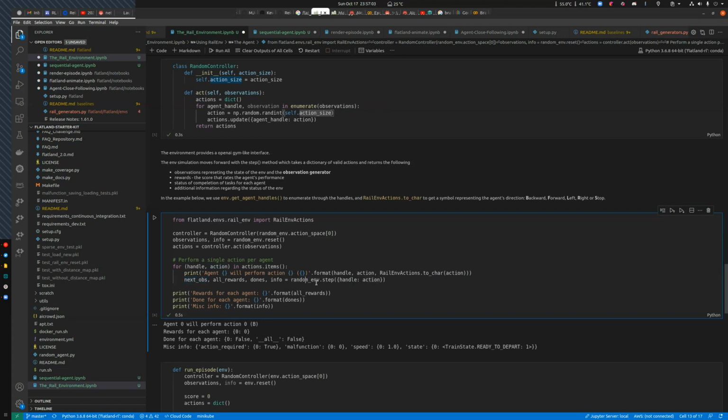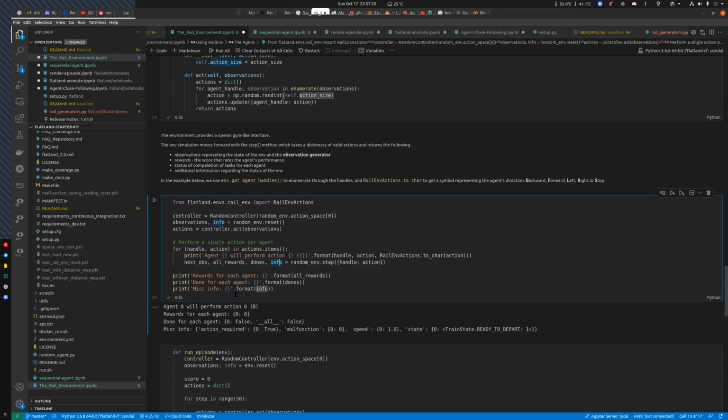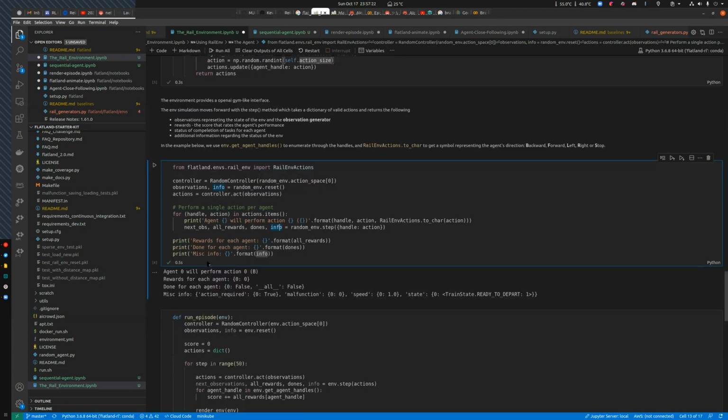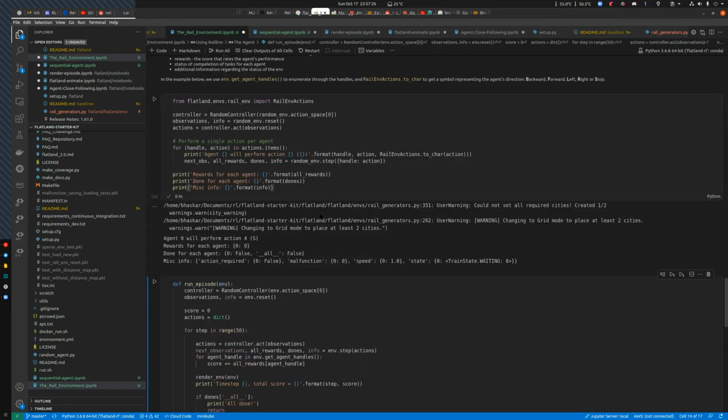In the RailEnv.step we will get the next observation, all rewards, dones, and info. So these are the 4 objects that we get: observations, rewards, done, and the miscellaneous info that we get for a particular action.